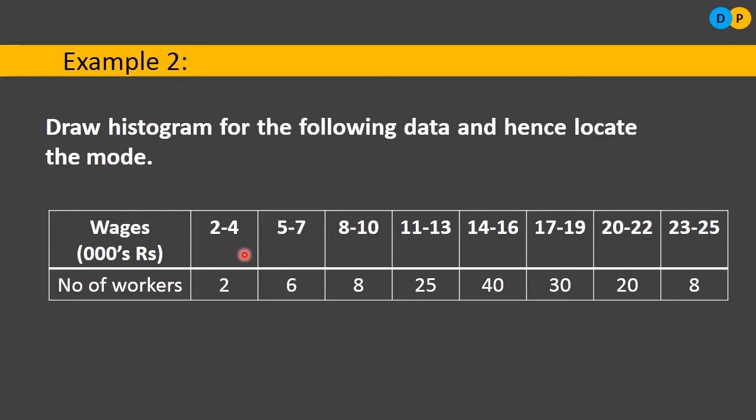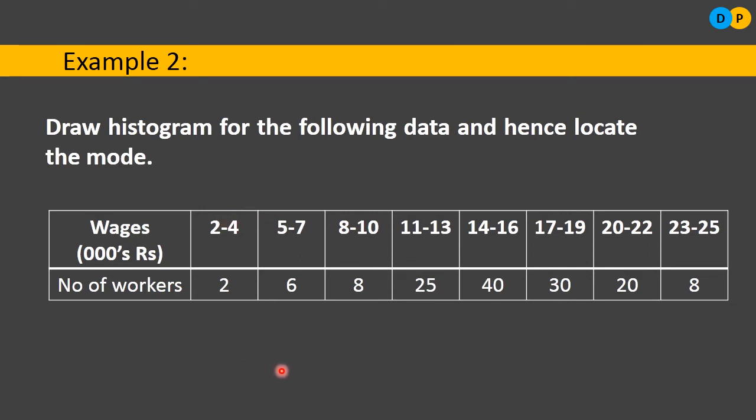If you plot a histogram for this given data, you won't get a proper graph. The reason is the class 2 to 4. Let us say there are two workers getting 2000 to 4000 salary. I will erect one bar for frequency 2 for the class limit 2 to 4.